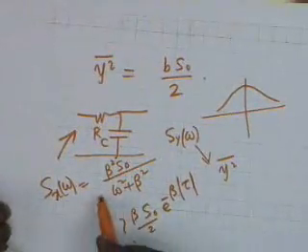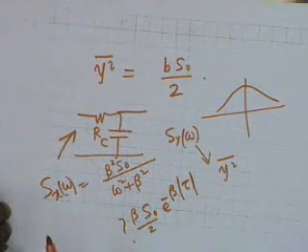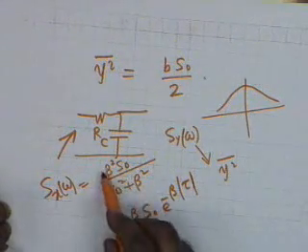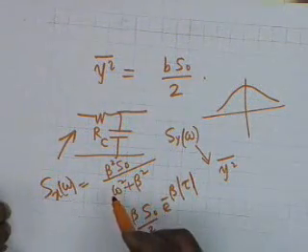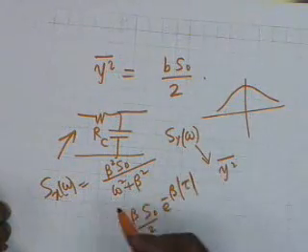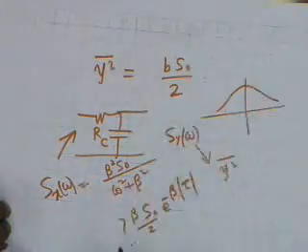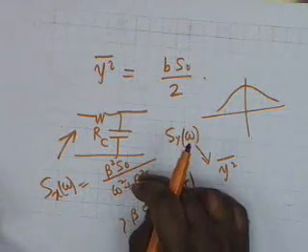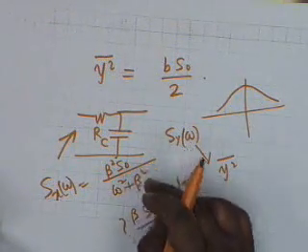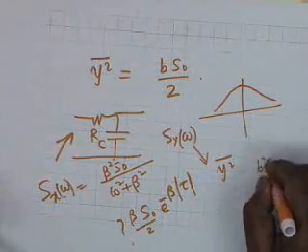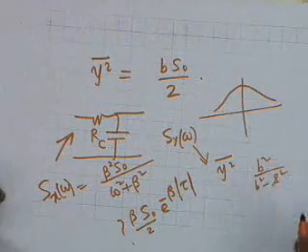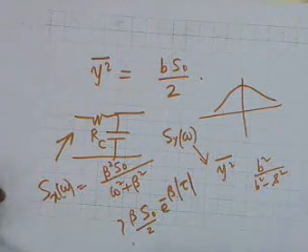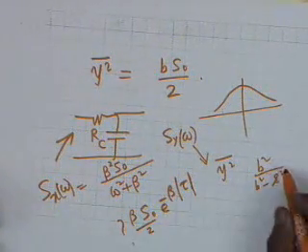Sx of omega, I convert this to Sx of s, and what I get is minus beta squared S naught divided by s squared minus beta squared. Actually it is minus s squared plus beta squared, I take a negative sign, and then I multiply by h of s times h of minus s, which is b squared divided by b squared minus s squared. And then this is what I obtain, Sy of s.